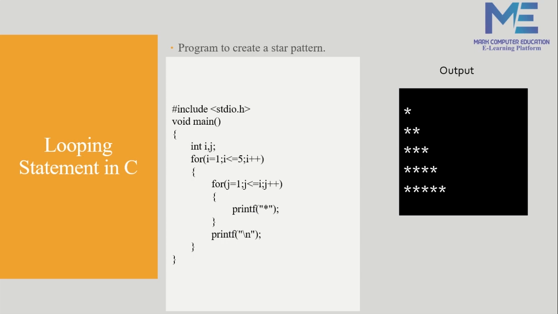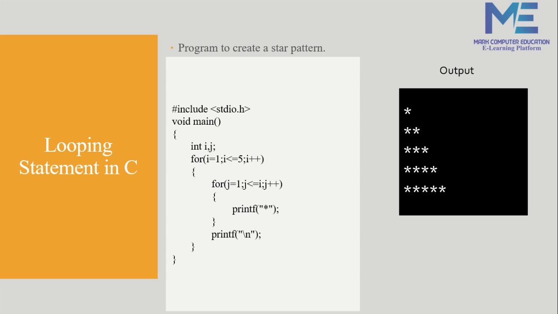But let me tell you how the loop is executing here. First the compiler will take entry in the main loop, then it will execute the inner loop. After completing the execution of the inner loop, it will go back to the main loop. Again it will take entry in the main loop and again execute the inner loop.